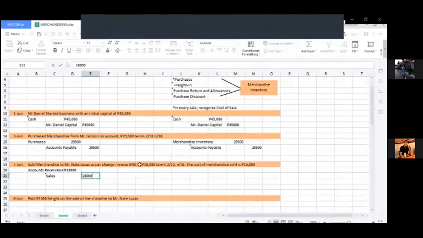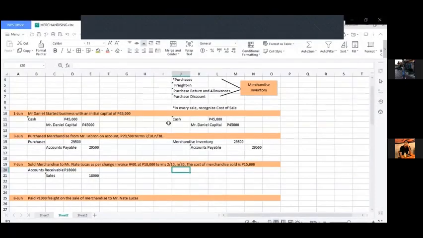So, paano naman kapag perpetual inventory system? Dito, di ba ang sabi ko, kapag may sales tayo, magre-recognize din tayo ng cost of sale.